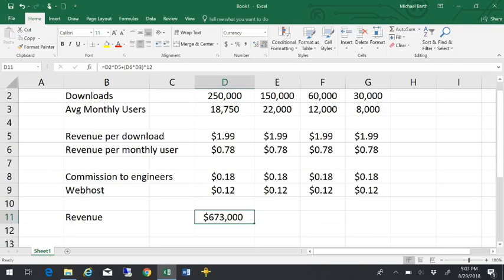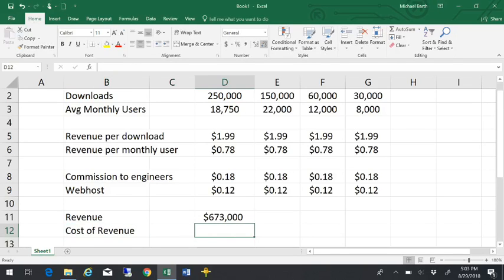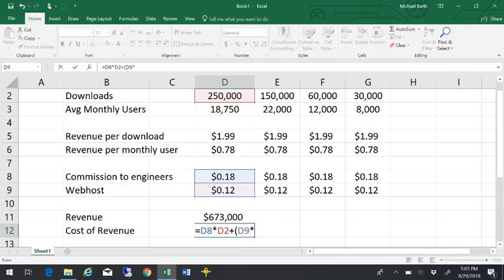Alright, so the next thing we want to do is the cost of revenue. And the cost of revenue is going to be 18 cents for every download plus 12 cents times the average monthly users times 12 to convert it to an annual number.